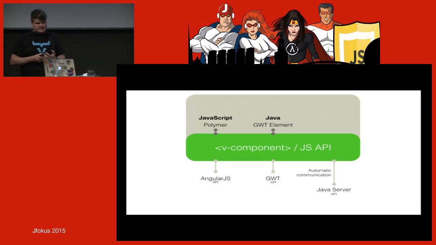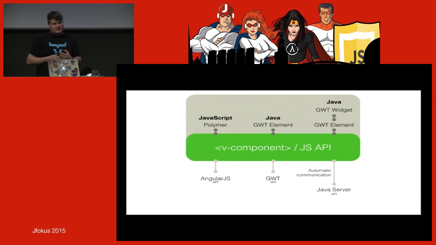In this case, Java directly on top of, or actually in some cases Java on top of, the GWT elemental APIs. In the case of Vaadin Grid, we are actually building a widget first and then wrapping that with the element and then exposing that as a component that can be used without even knowing that it's built with GWT.